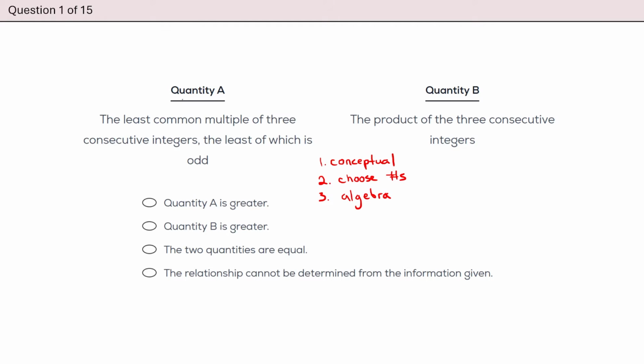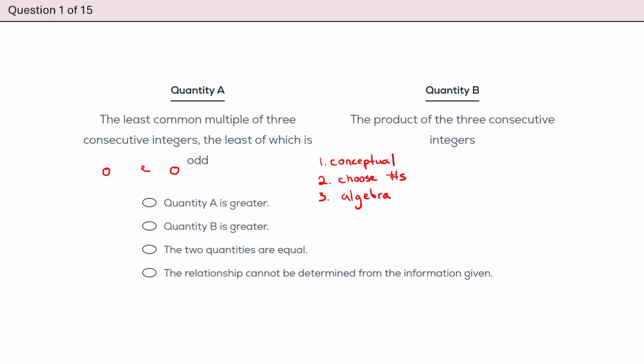So first of all, let's do it as conceptual. What do we see? The least common multiple of three consecutive integers, the least of which is odd. So if we have three consecutive integers and the smallest one is odd, we know the first number is odd, the second number is even, and the third number is odd.